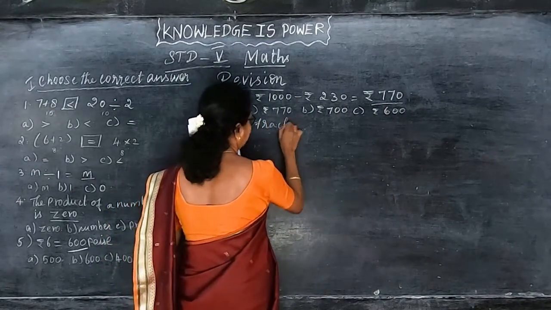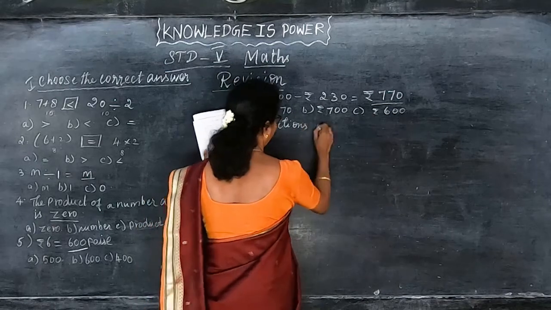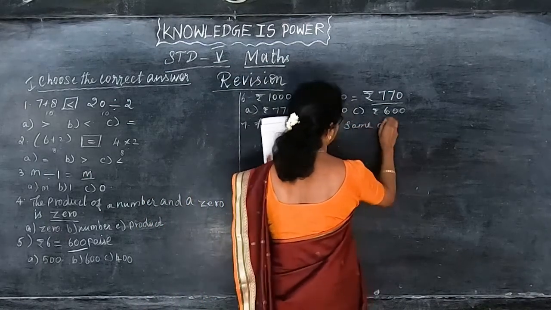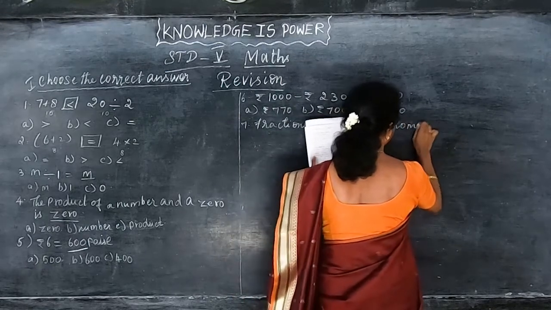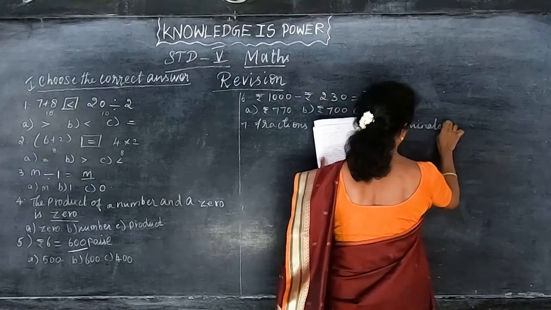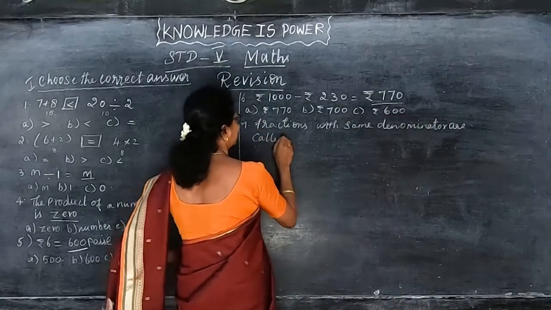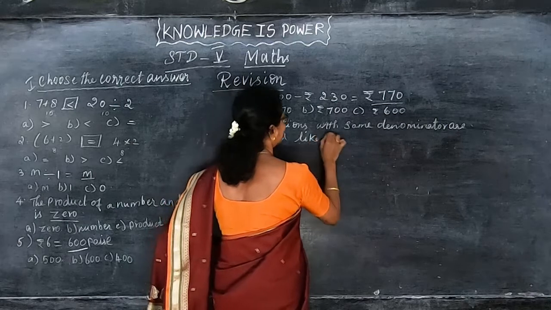Seventh one, fractions with the same denominator are called like fractions.